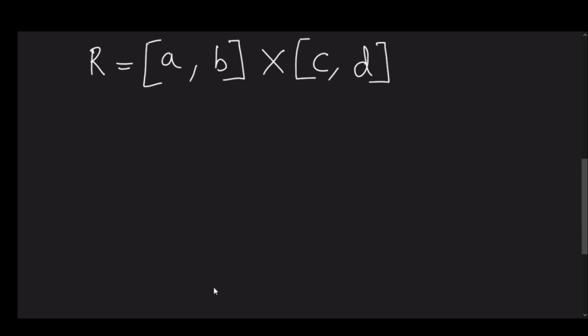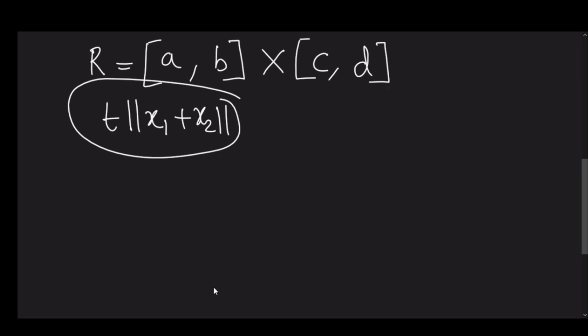Now you can see that the same function which was not Lipschitz, can we find it? If we take that same function here, what we will see is t norm x1 plus x2, that was the issue in the previous case. It was going out of bound when either x1 or x2 or x1 plus x2 was going out of bound.